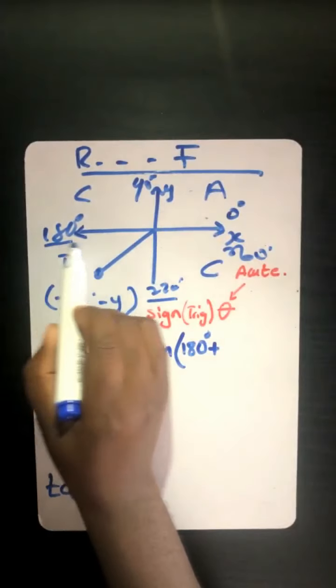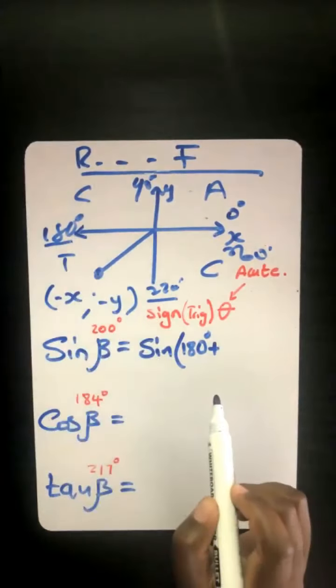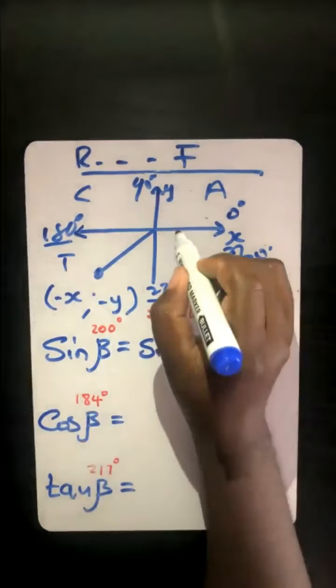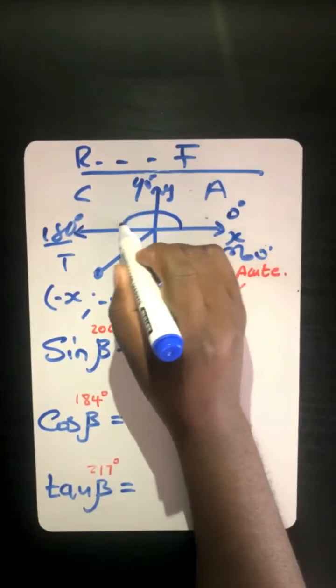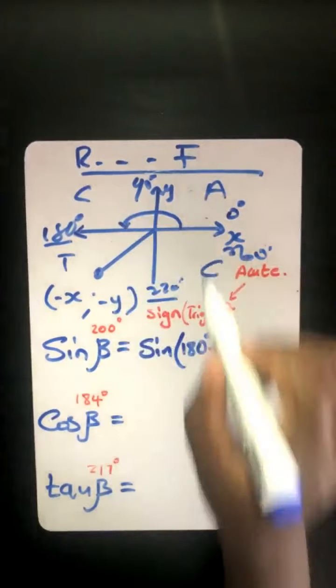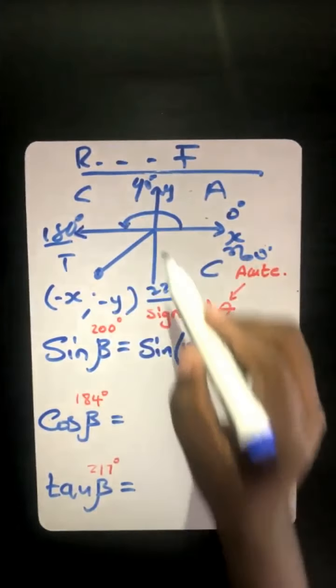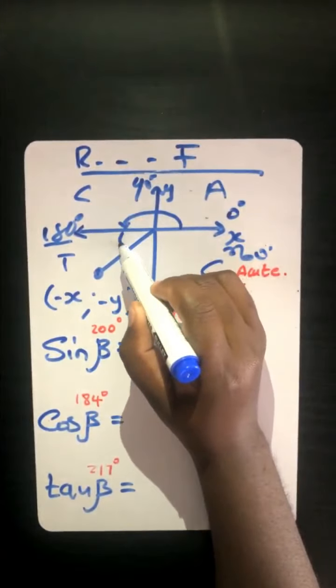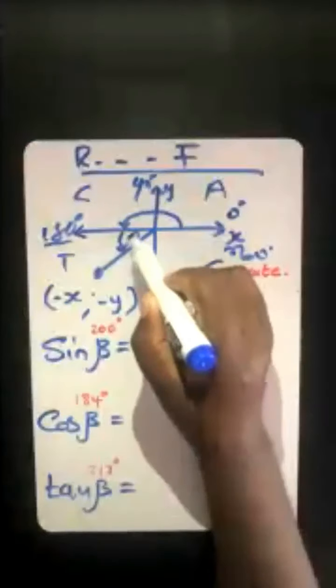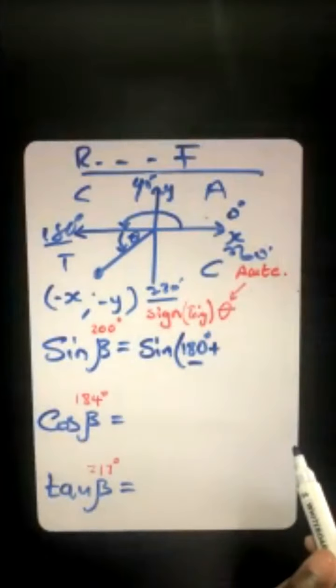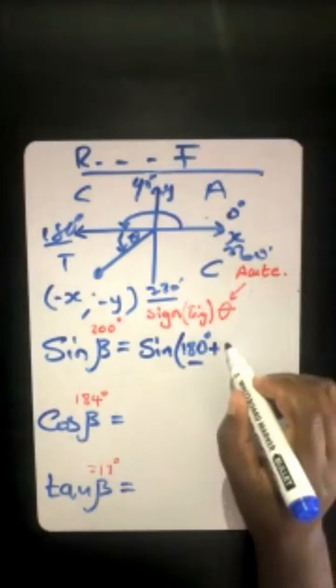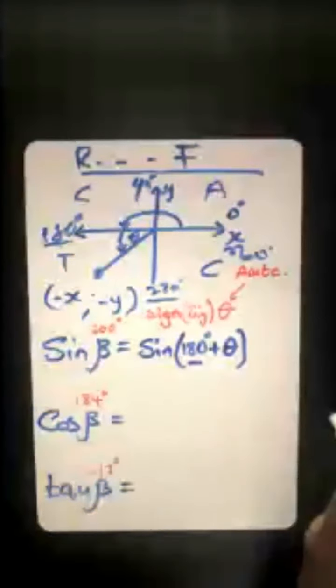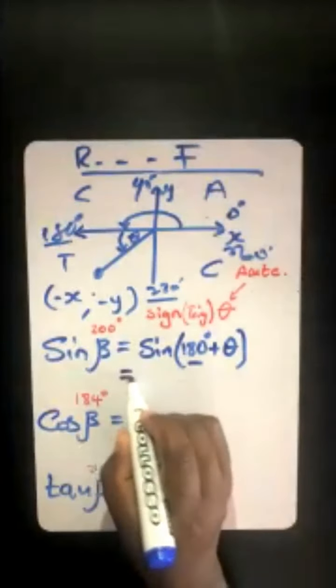So it's going to be 180 plus that certain angle. This is the 180 degree angle, then we say plus that small angle, that additional angle, let's say plus theta.